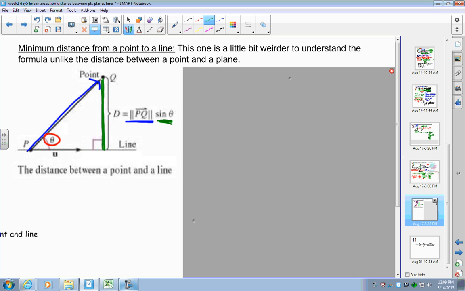Here's the issue though. I've never showed you in this chapter yet any way to get sine of theta. I've taught you how to get cosine of theta using the dot product, but I have not taught you how to get the sine of theta.